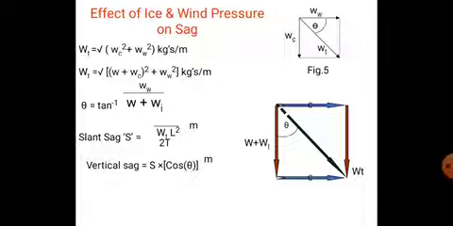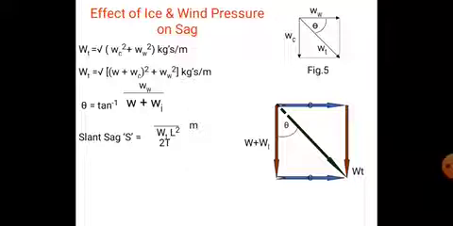So in this class we discussed sag, the derivation of sag, the conditions when poles are at equal and unequal levels, and the effect of ice and wind. So what is the formula? S is equal to W L square by 2T when the poles are at equal level.